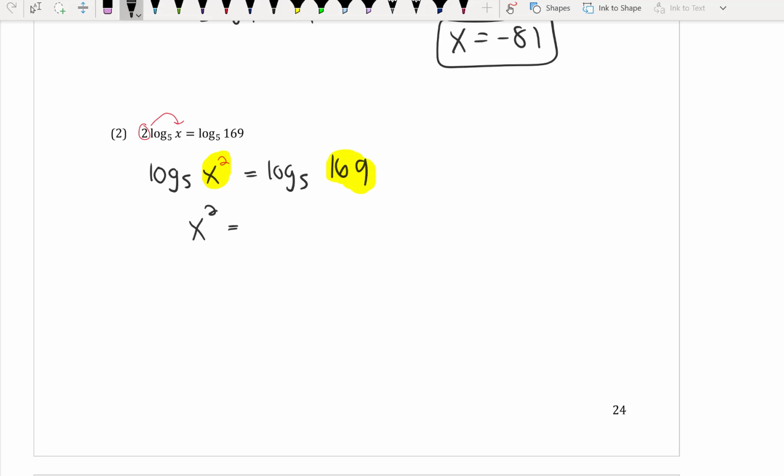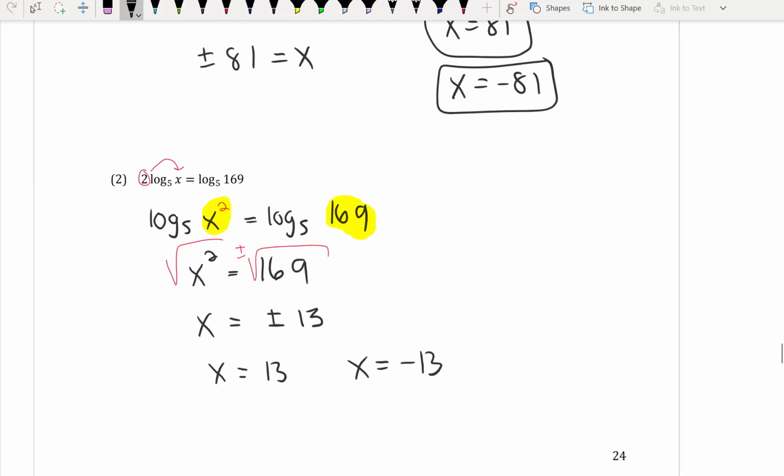So x squared is equal to 169. So again, I can square root both sides so that x is equal to plus or minus the square root of 169, which is 13. So I have x is equal to a positive 13, and x is equal to a negative 13.